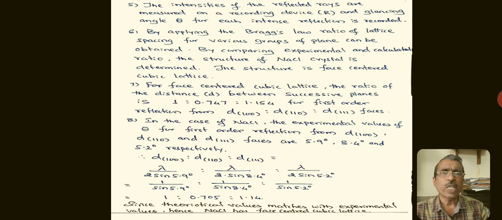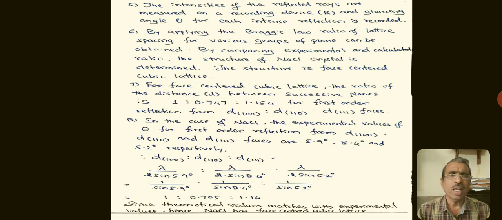Now, by putting these theta values in the Bragg's equation, I get lambda upon 2 sine 5.9 degrees : lambda upon 2 sine 8.4 degrees : lambda upon 2 sine 5.2 degrees. So this ratio also comes to be 1 : 0.705 : 1.14.